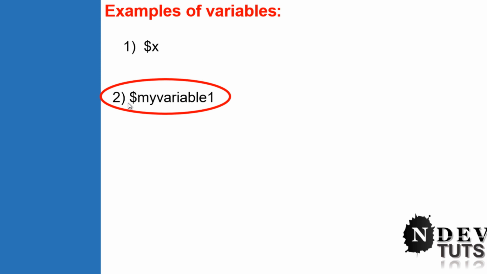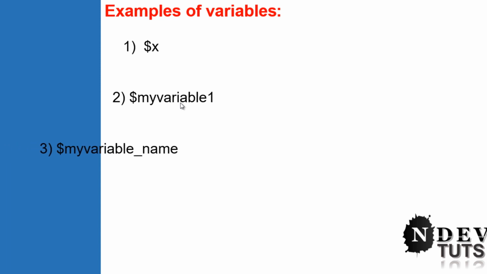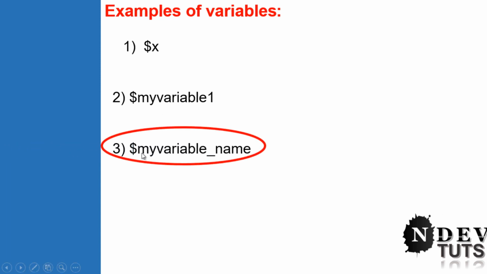A variable name must start with a letter or the underscore character. $my_variable_name follows rules 1, 2 and 6. A variable name can only contain alphanumeric characters and underscore.